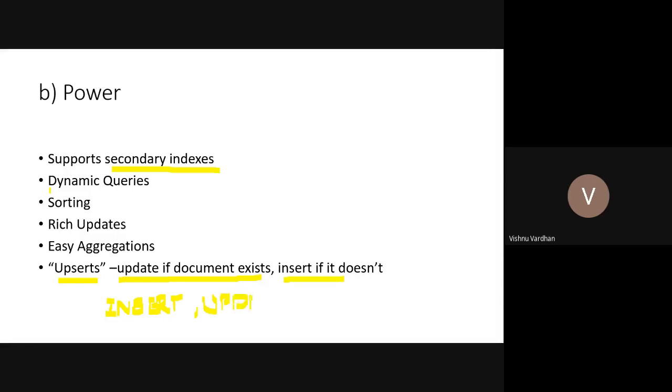If it is available, it will update. If it is not available, it will simply create a new document. Upserts are possible here, whereas in normal SQL RDBMS operations, upserts are not allowed.